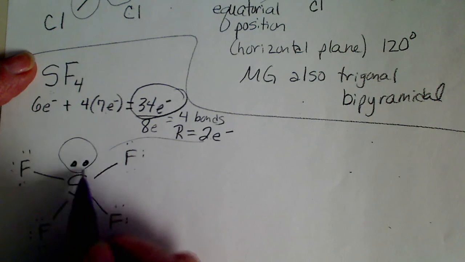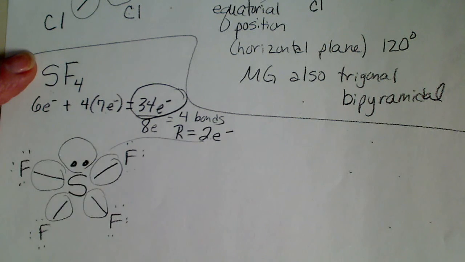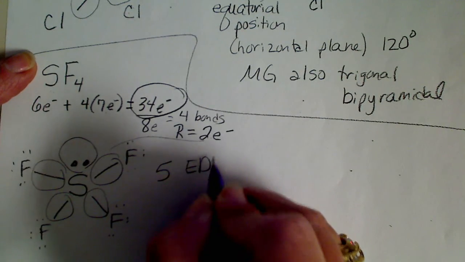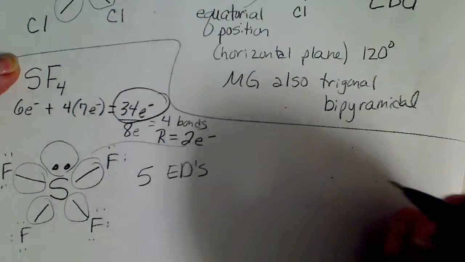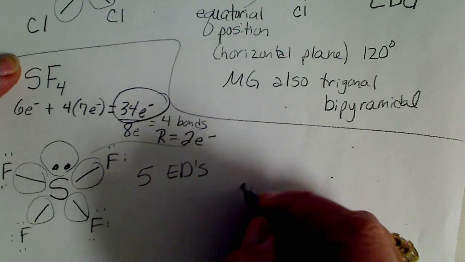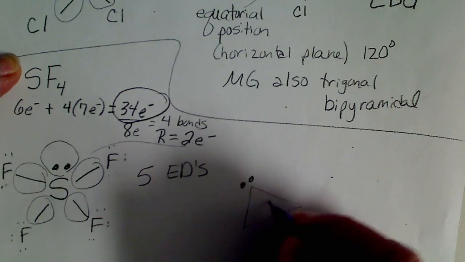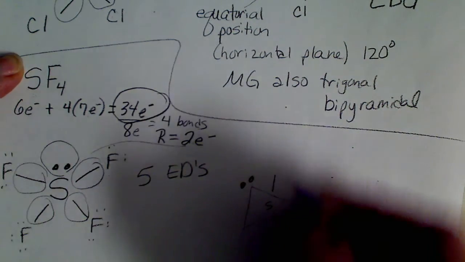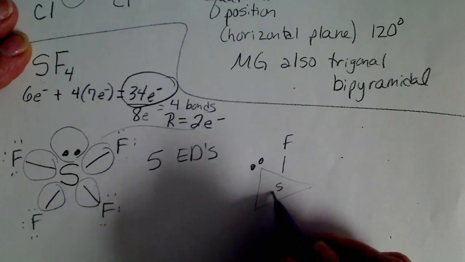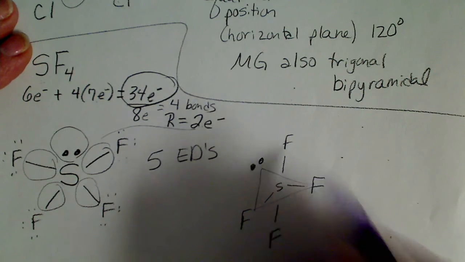So this also has 5 electron domains. And the lone pair would actually show up at this equatorial position. So here we'd have sulfur and a fluorine in these axial positions, and then one fluorine to this vertex and another fluorine to this vertex.